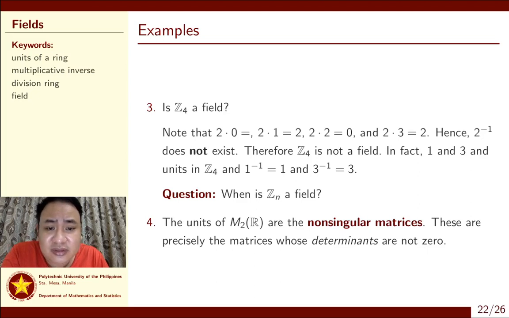One of those, dapat yung determinant ay hindi 0. Ano pa ba iba? Dapat ang RREF ay identity. Dapat yung linear transformation associated to non-singular matrices ay mga isomorphisms. Diba? So, dapat yung kernel ay trivial, yung range ay spanning, etc.